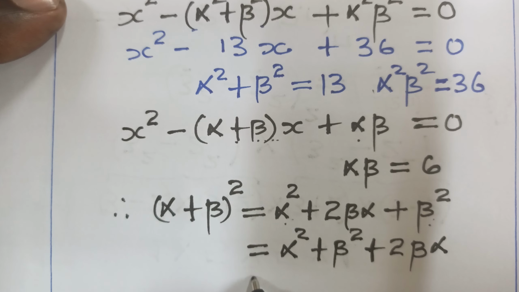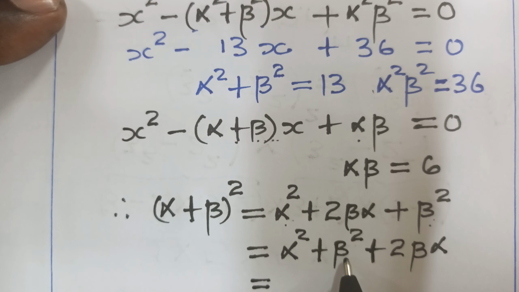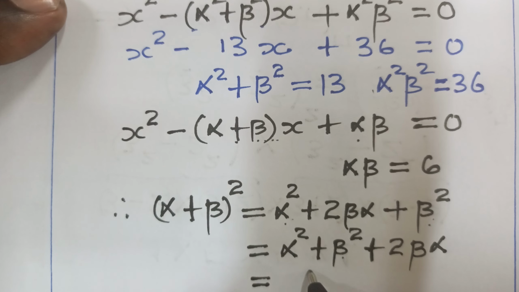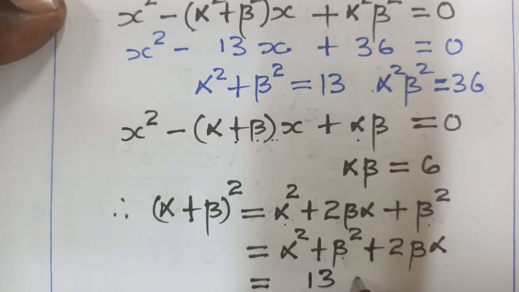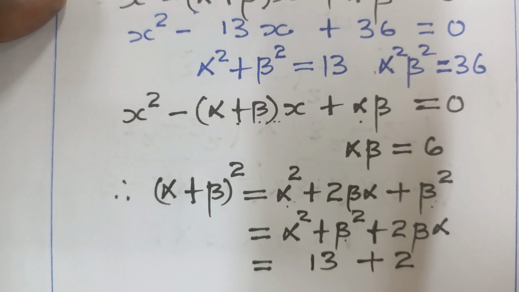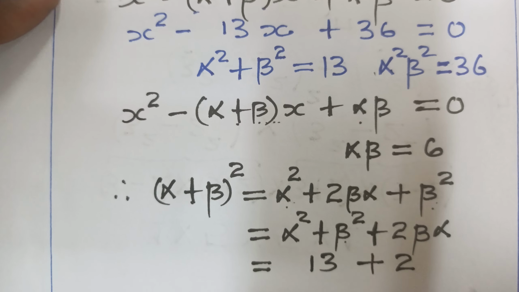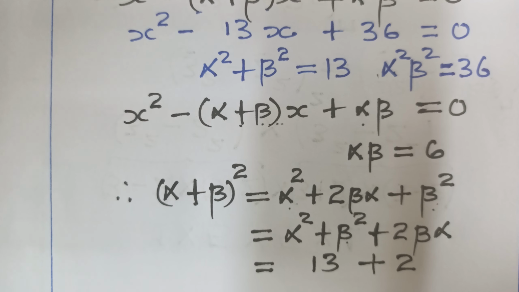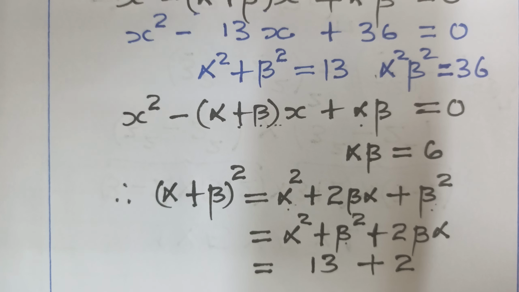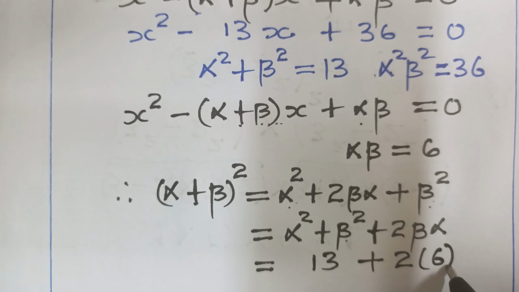And so therefore this now is going to be alpha squared plus beta squared gives us 13. Now plus 2, we have beta and alpha. For beta and alpha, this is now going to be 6. And so we have 6 right there.